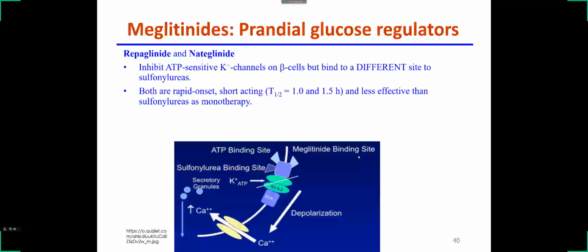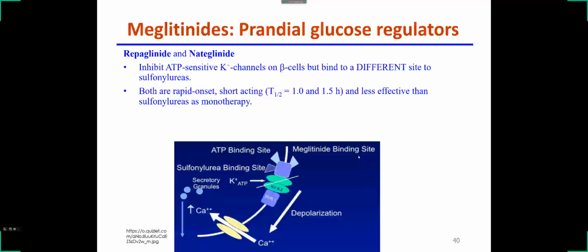Both of these compounds are rapid onset and short acting, and they are less effective than the sulfonylureas as a monotherapy because they come off faster, but they can be useful for rapid, short-acting treatment.